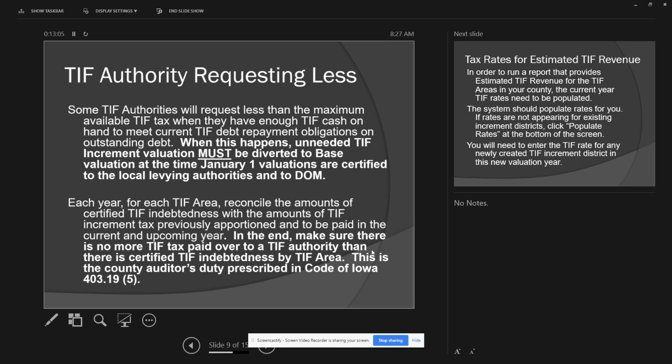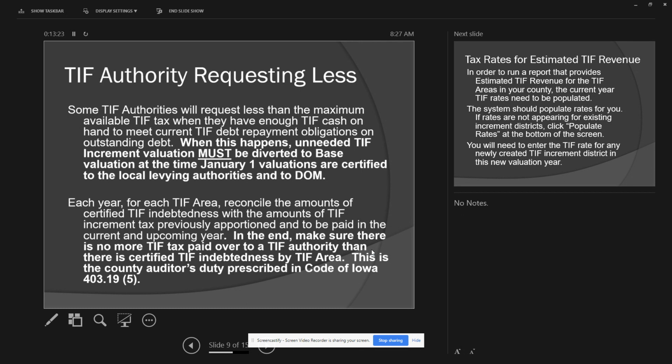So just make yourself aware that what you're submitting is the incremental value needed to generate the TIF revenue as requested. For each year and for each TIF area, make sure you're reconciling the amounts of certified TIF indebtedness with the amounts of TIF increment previously apportioned and paid in the current year and what's estimated in the upcoming year.